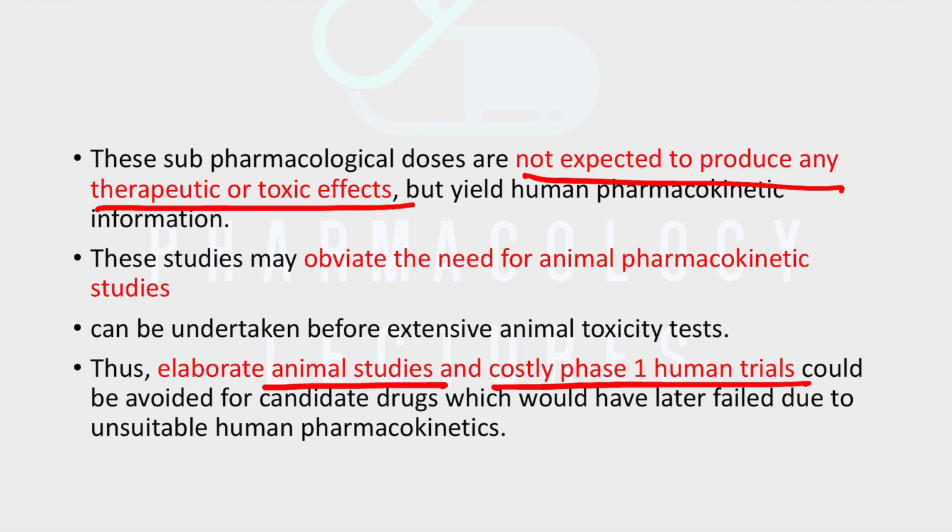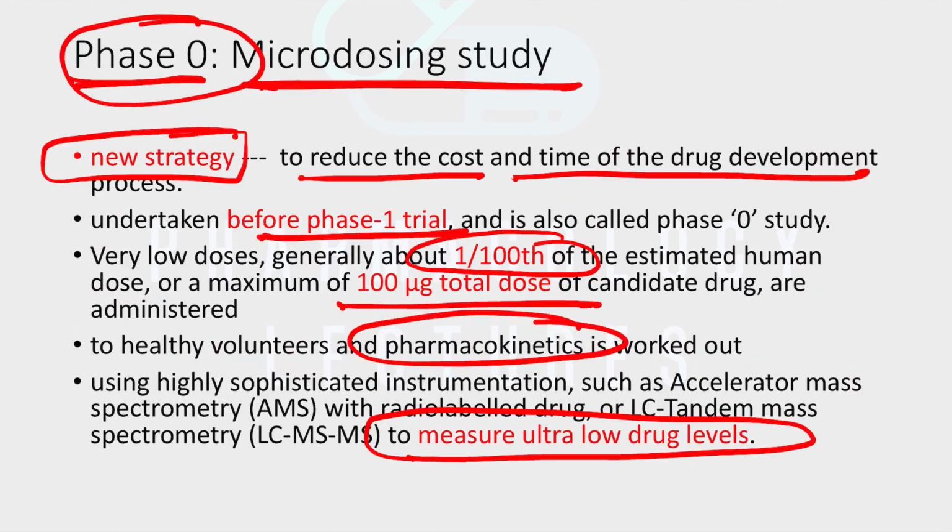So all these things would be cancelled if we go through phase 0 trials. It will obviate the need for animal pharmacokinetic studies, and because of this, time, cost and resources would be saved, which can be helpful to pharmaceutical companies in clinical trials. So this is how a new phase of clinical trial has come about, that is phase 0, or the microdosing studies.